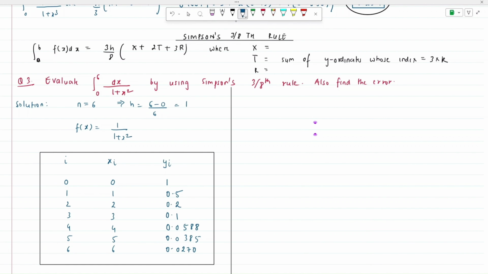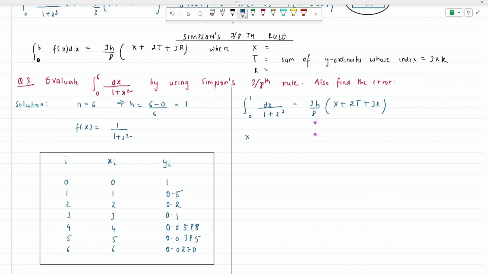So once we have the table of values ready, we can call in the Simpson's 3/8 rule formula. So the integral from 0 to 6 dx divided by 1 plus x square is equal to 3 times h by 8 times (X plus 2T plus 3 times R).